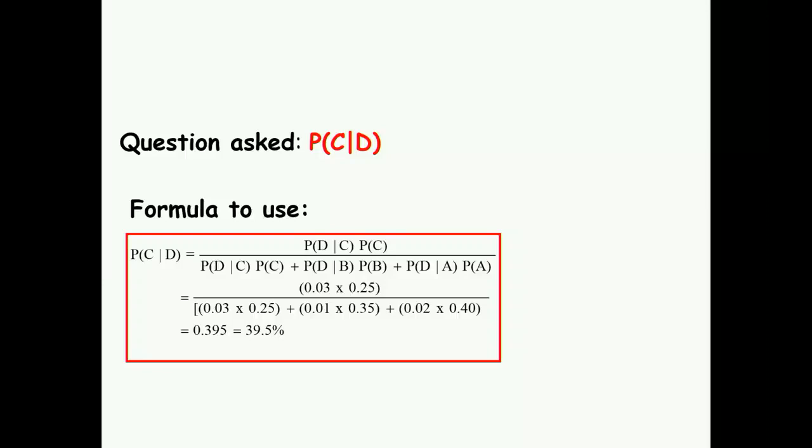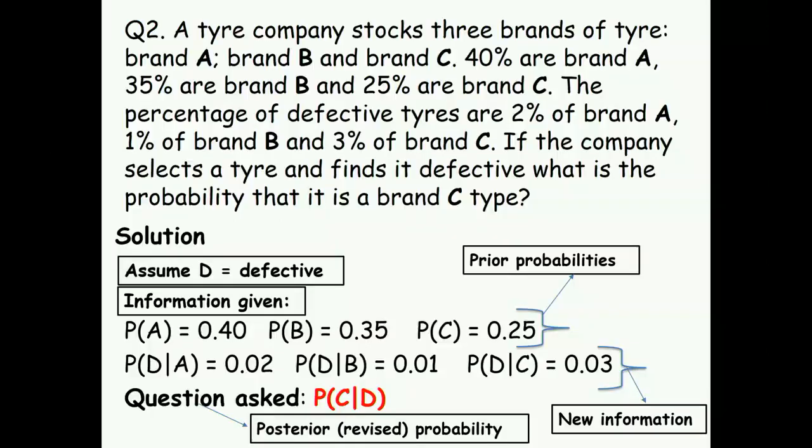Here we have 3 tire companies. So the easiest way for probability C given D is to change it to D given C times the probability of C, put the whole here, and then add the rest: defective from C, defective from B, defective from A. Then it would be 39.5. So we revised this one.